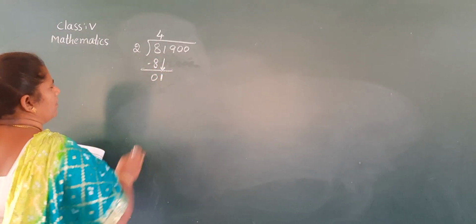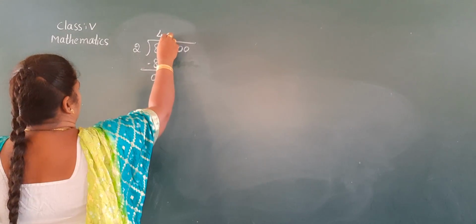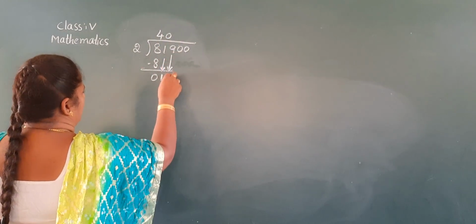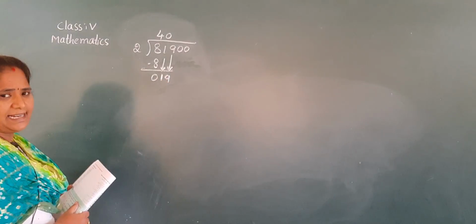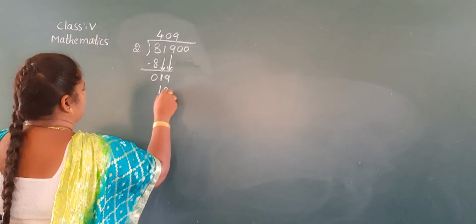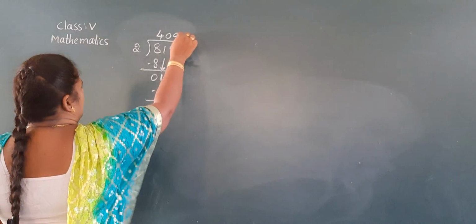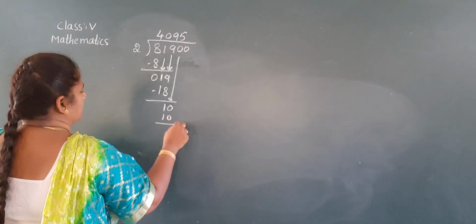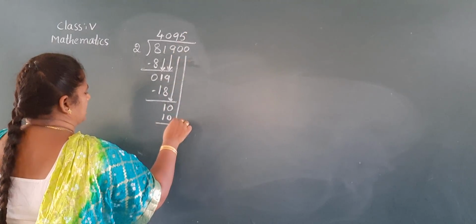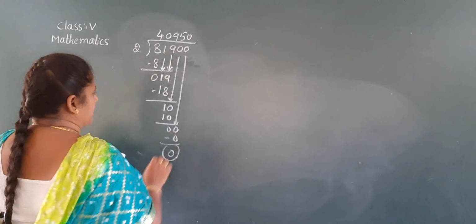Take down 1. 1 is not divisible by 2, so we keep 0 in the quotient's place and take down 9. Now find the nearest number to 19. 2 9s are 18. 1. Take down 0. 2 5s are 10. 0. Now take down the next 0. 2 zeros are 0.